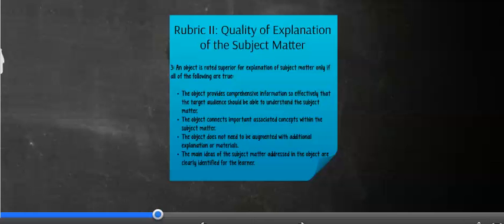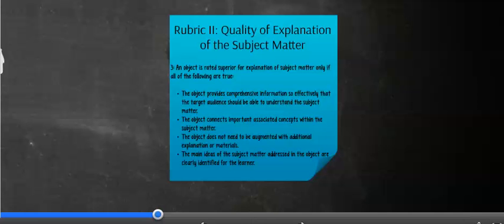For rubric 2, quality of explanation of the subject matter, this OCW course actually also scored a 3. The object provides comprehensive information so effectively that the target audience should be able to understand the subject matter. The object connects important associated concepts within the subject matter.